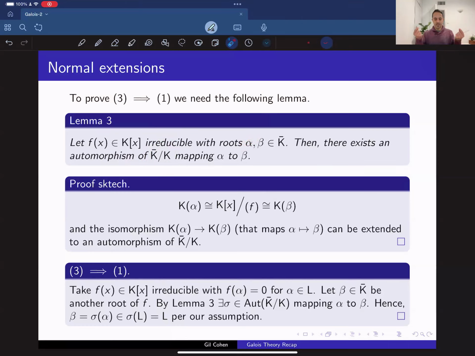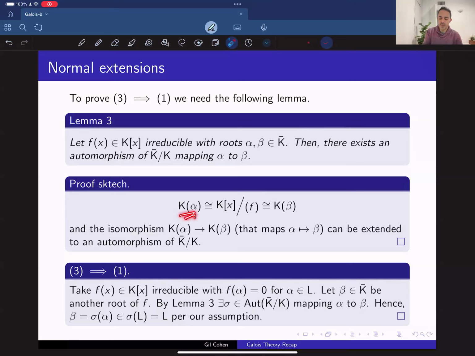So alpha and beta are conjugates here in the sense that they are roots of the same irreducible polynomial over K. And what I'm saying here is that there is always an automorphism of K bar over K which maps conjugates to one another. Okay, the proof is short, but it's insightful.